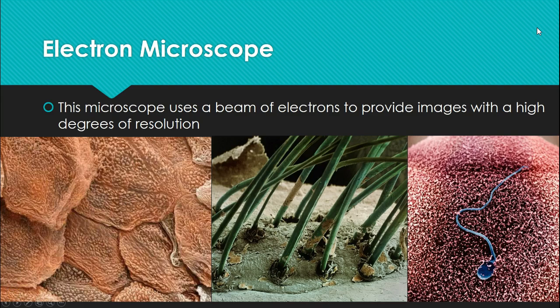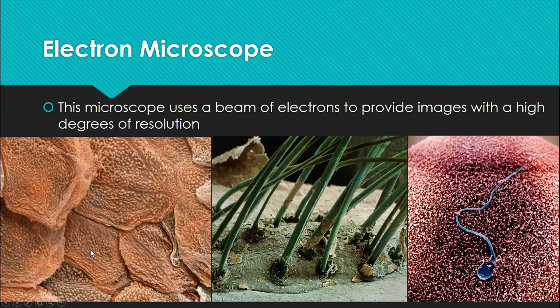The other piece of technology that we can use to view microscopic processes and structures is the electron microscope. This microscope uses a beam of electrons that hits the specimen and provides an image with a high degree of resolution. So this here is a picture of your skin.